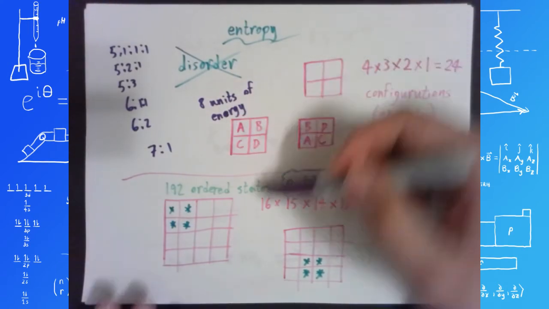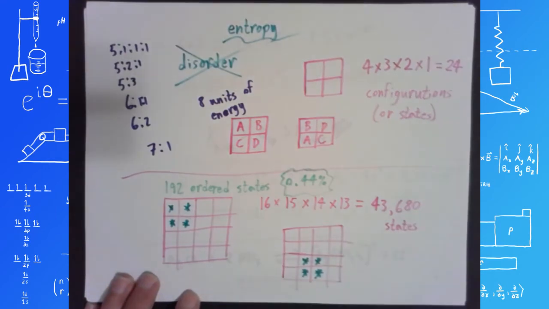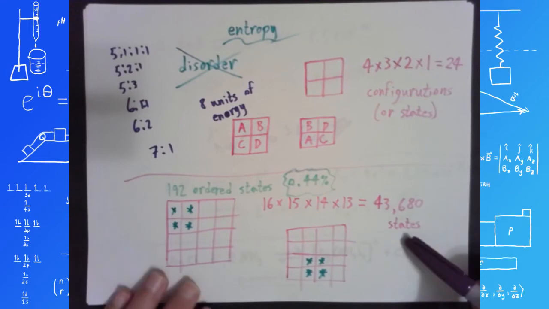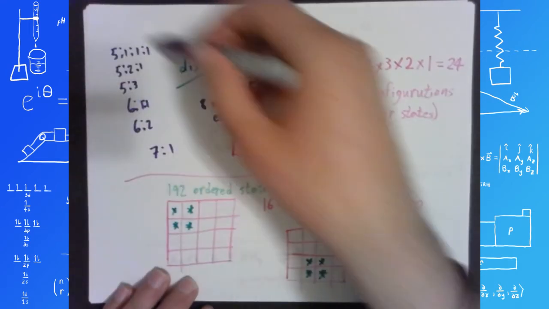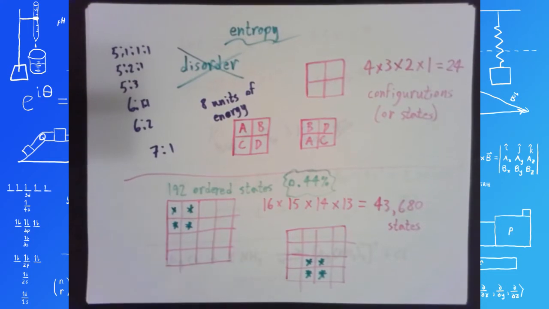On top of all the possible positions that the particles can be in. So take these 43,680 states and multiply them by however many energy combinations you can have for the particles in those states, and now you've got a ridiculously large number of states.